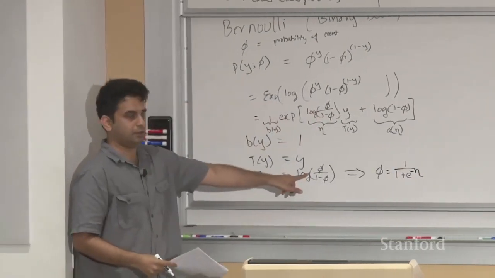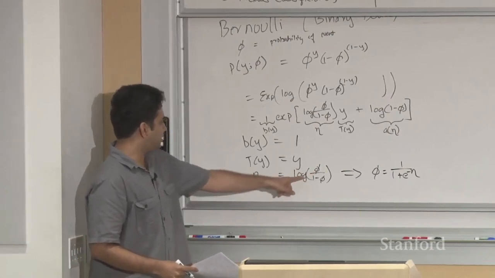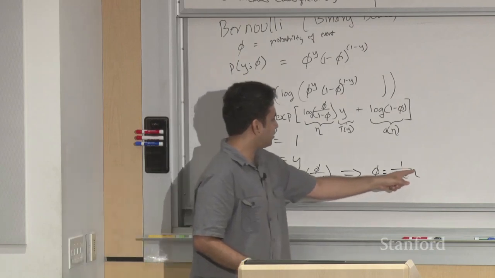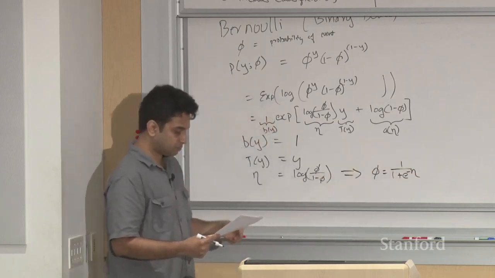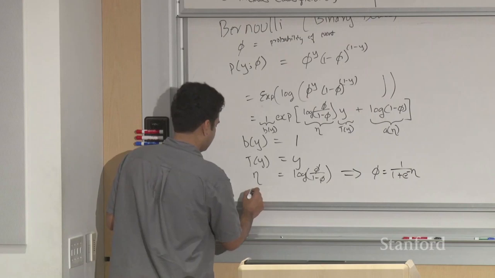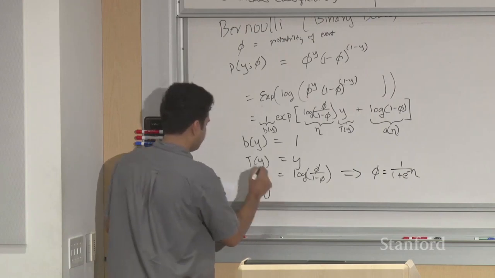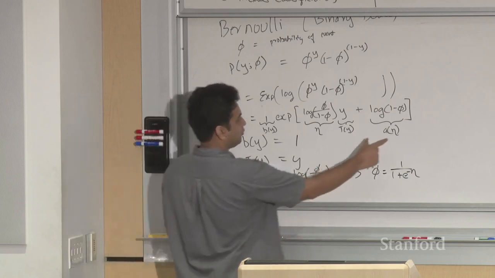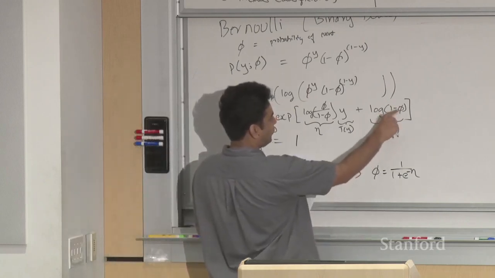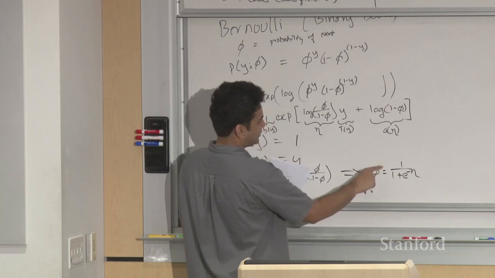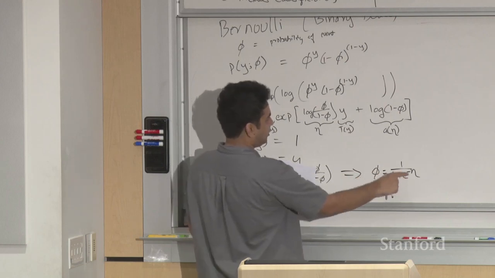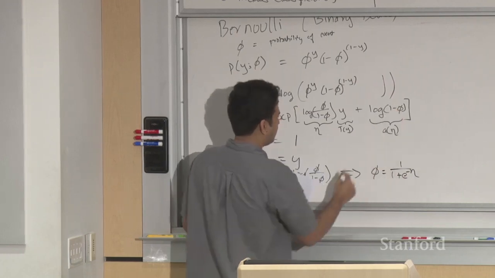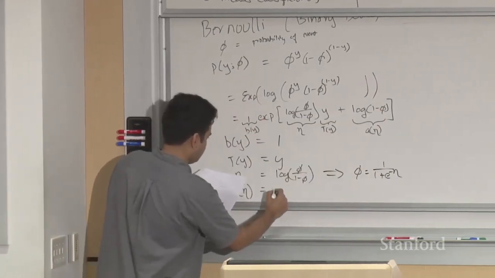I'm just flipping the operation: this went from phi to eta, and here it's the equivalent, going from eta to phi. And A of eta is going to be, so here we have it as a function of phi, but we got an expression for phi in terms of eta. So you can plug this expression in here.